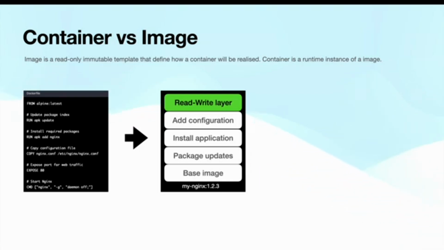For example, if a file is added, modified, or deleted in the container, these changes are stored in the read-write layer. The read-write layer is isolated to the container, which means that any change made to the file system in one container does not affect other containers based on the same image. Additionally, any changes made in the read-write layer are discarded when the container is stopped, which means that the next time the container is started, it will start with a clean file system.